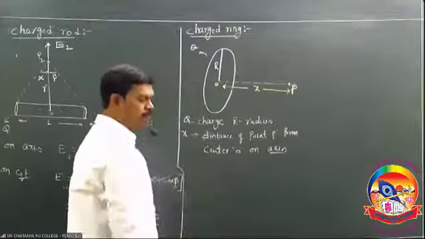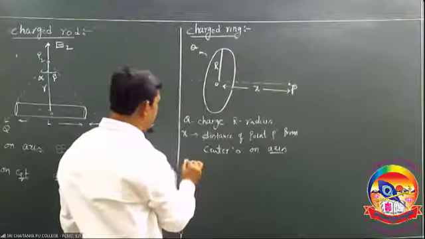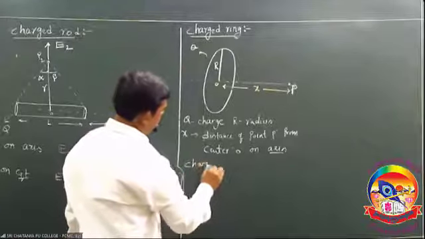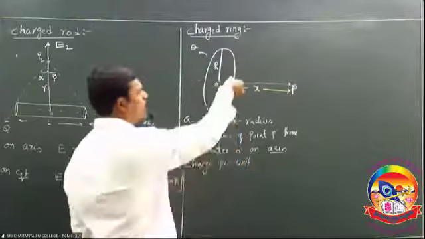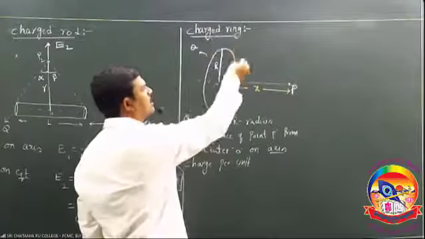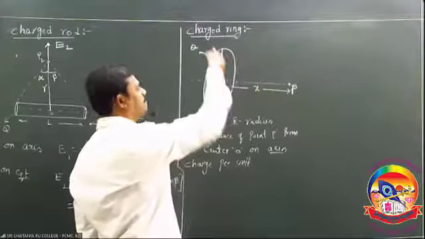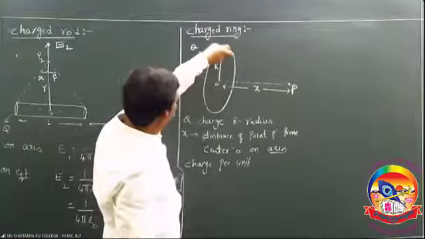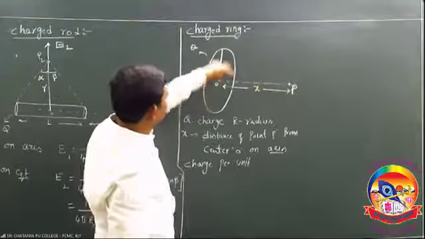Sometimes in the problem, if they give a ring of radius R, you take the charge per unit circumference. See, if I give the charge to this ring, that charge completely resides on the ring. So this is the circumference, and whatever charge is given totally resides on this.